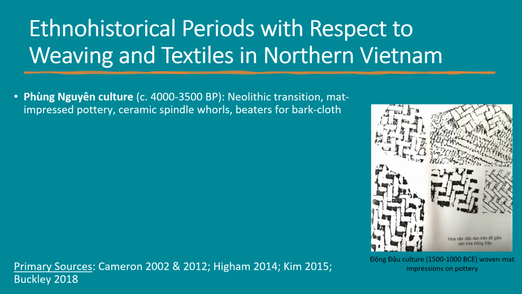So the Phùng Nguyên culture is from this period of really around what's called the Neolithic transition in archaeology, the spread of agriculture. And in this period, there is mat-impressed pottery, such as those images you see on the side from actually a little bit later, the Đồng Đậu culture. Ceramic spindle whorls, the things to spin fiber, and then beaters for bark cloth.